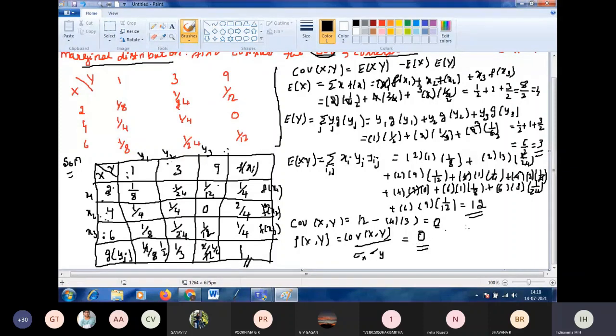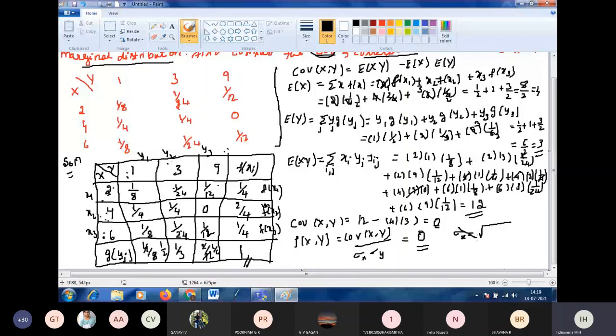Correct? How to find sigma x? Sigma x is the square root of the variance. You should find V of x first.